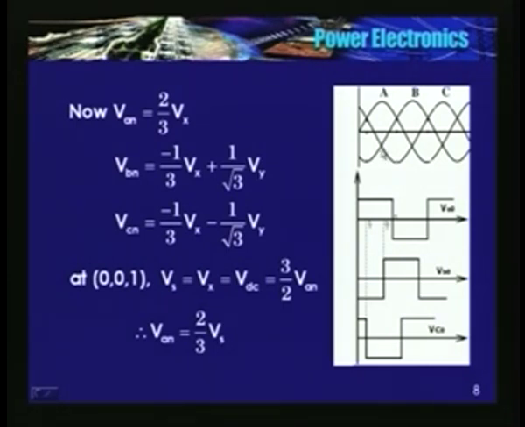And at this point VAN is at the peak. So definitely at the 0, 0, 1 position, phase A is at the peak.